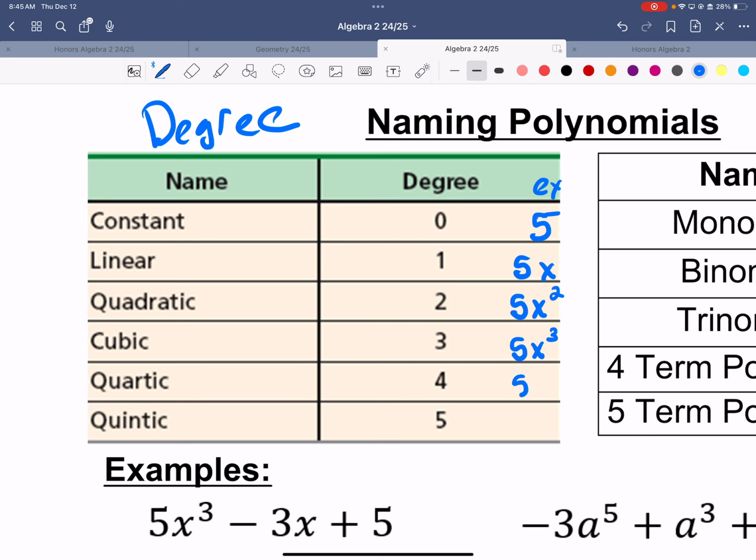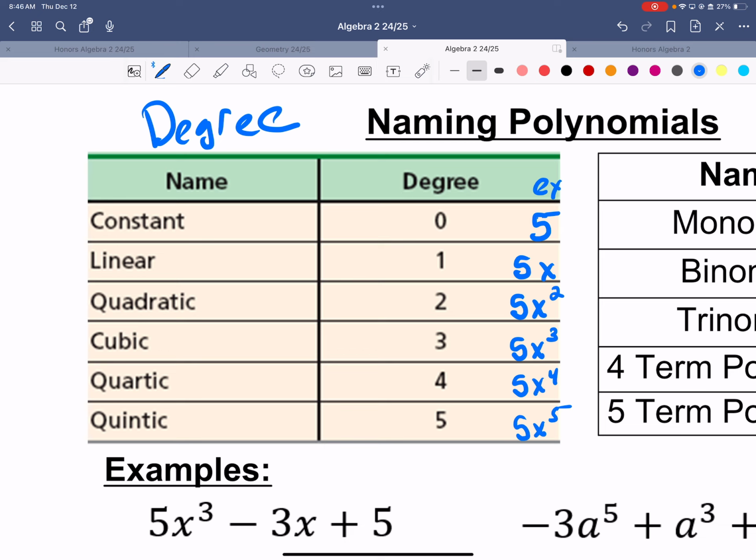If it's fourth degree, we call it quartic. And if it's fifth degree, we call it quintic. Quartic and quintic, those tend to be the ones that mess us up. Constant, linear, quadratic, and cubic, those aren't too bad. Quartic and quintic, just remember them. Find a way to remember them. Quartic is 4, quintic is 5.